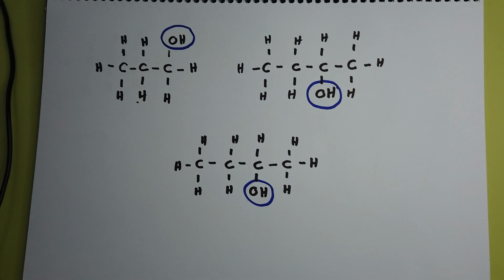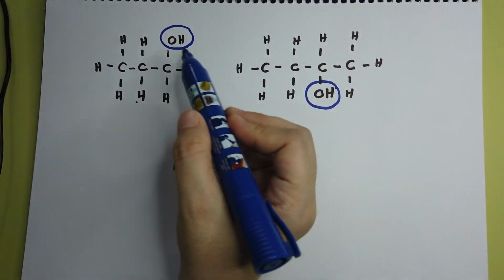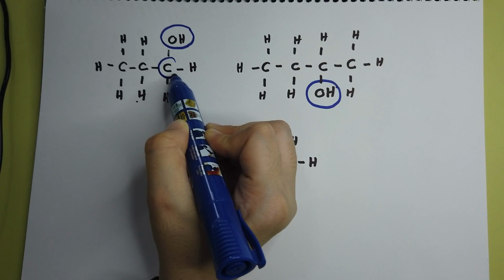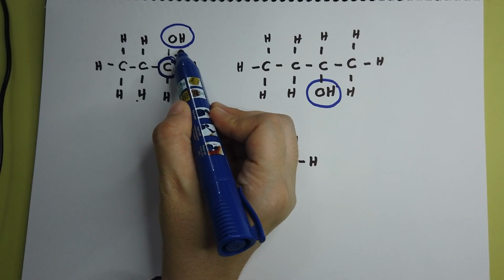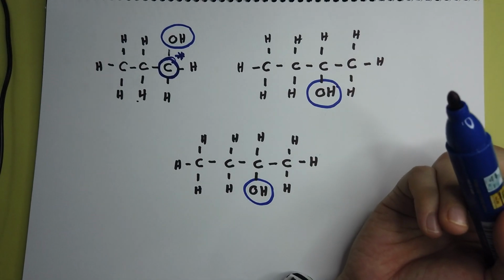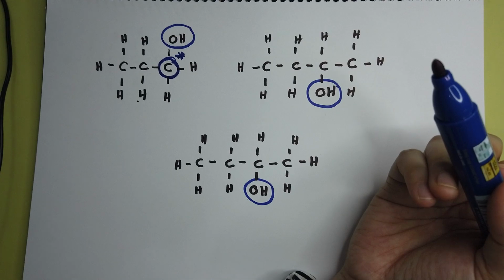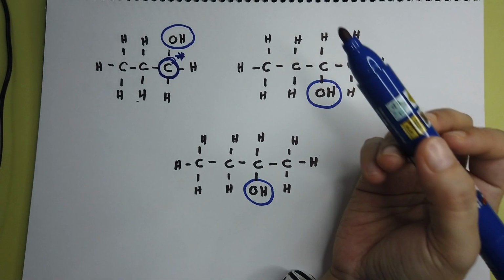First you need to find the carbon that has your functional group, your OH. In this case, for the first one, you're going to look at this carbon. We're going to put a star here. For a primary alcohol, it only has one R, one substituent.